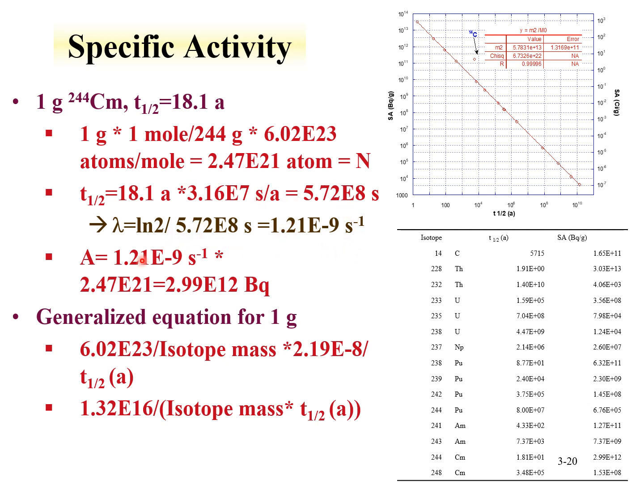Activity equals lambda N. 1 gram of curium-244 is 2.99 times 10 to the 12th becquerels. Now we can generalize an equation for specific activity for a gram: it's just Avogadro's number divided by the isotope mass, times the decay constant, which is this value divided by the half-life in years.